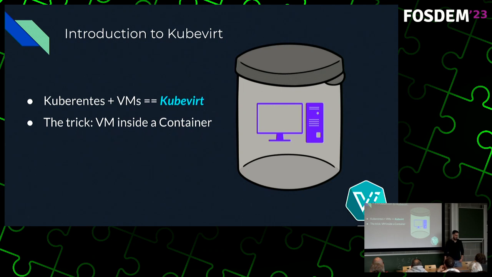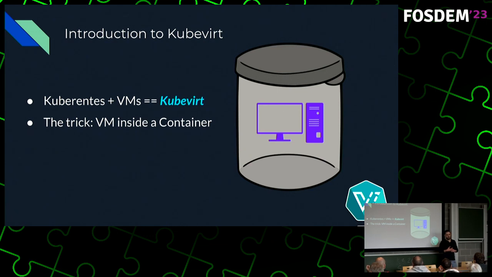So first of all, an introduction to Kubevirt. Kubernetes is designed to run containers, which are designed very differently than VMs. And running VMs on one platform and containers on another platform is not the best approach. This is where Kubevirt comes into play.